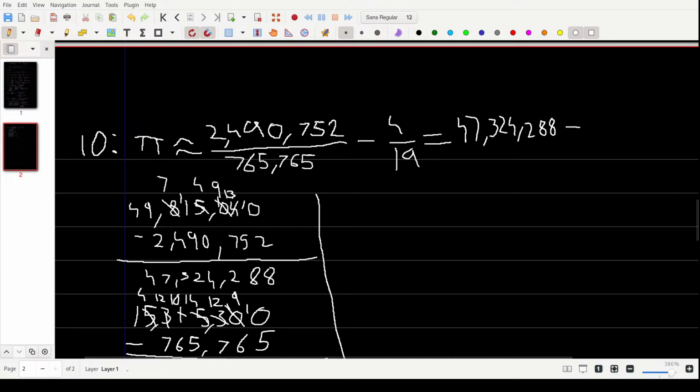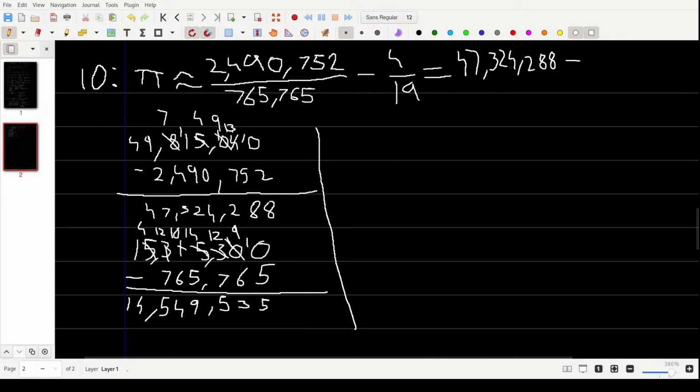Minus this times 4, which is that's gonna be 306. Nope, it's gonna be 3 because there's a 5 there.